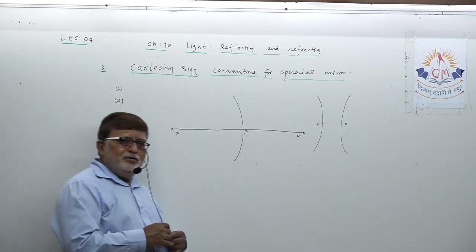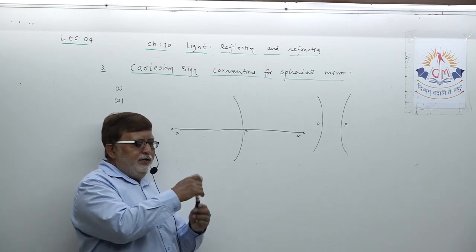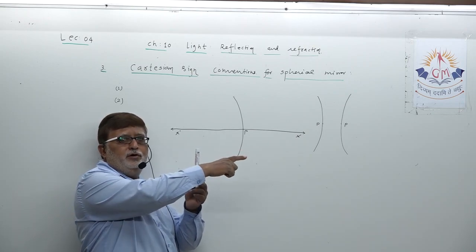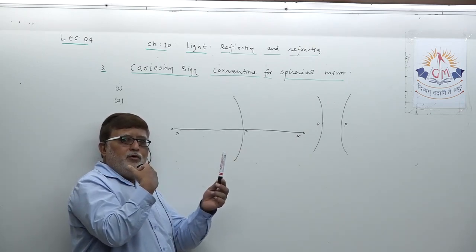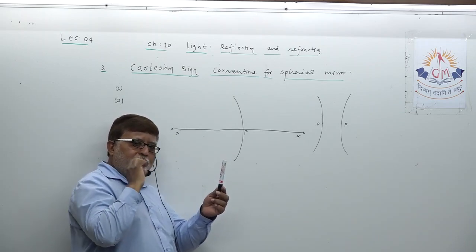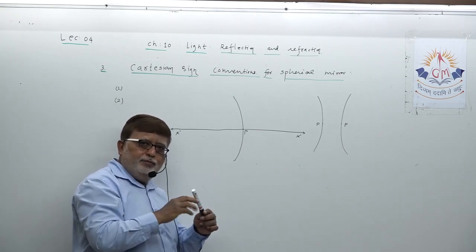These are some basic facts accepted by the scientists of the world: if this is the mirror, you will never keep the object on the right side. The object is always kept on the left side of the mirror. That means any light reflecting from the object is going to fall on the mirror from the left side.